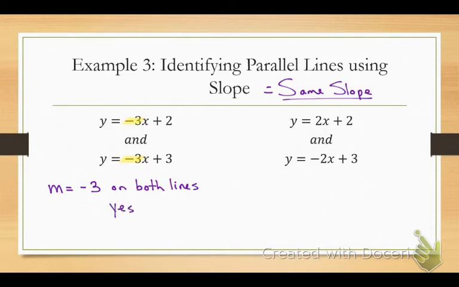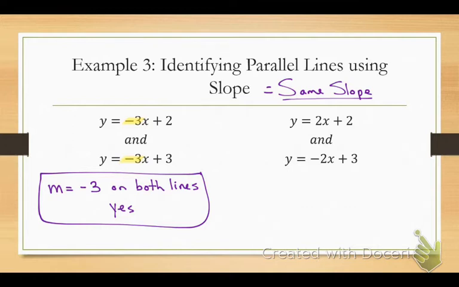Yes. You're recognizing that the slope is the same on both lines, and for that reason, that's your explanation, the answer is yes. Okay? M equals negative 3 on both lines, yes.